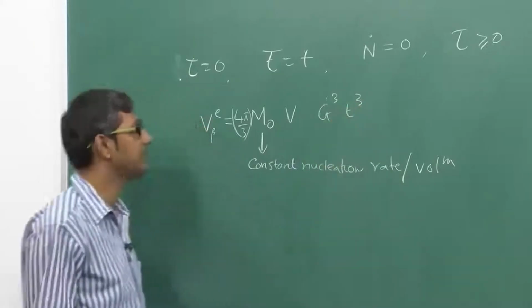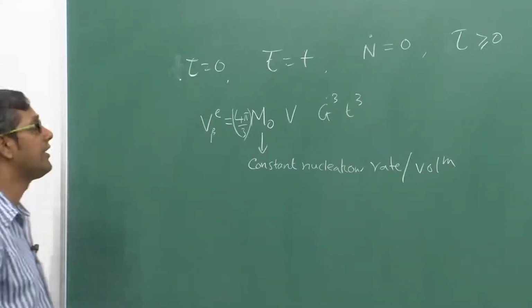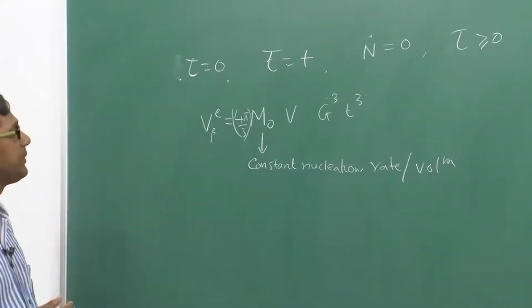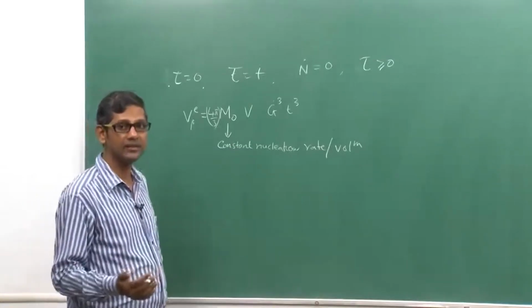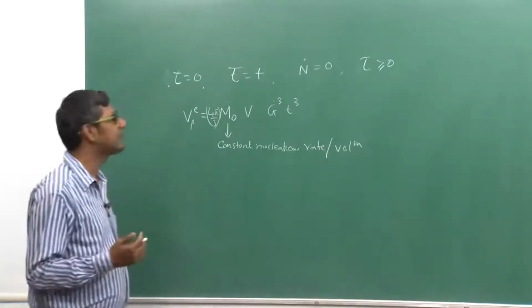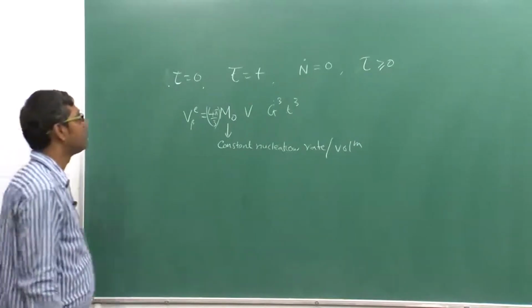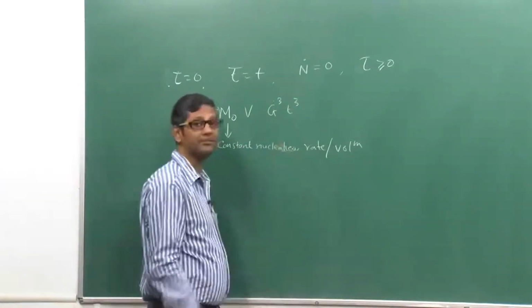Remember, the exponent of t has reduced from 4 to 3 here. That is because, once you have pre-existing nuclei, it can grow only in 3 directions, x, y, z. So there have to be 3 components of the different growths, and because of that there are only 3 as the exponent in the time scale.